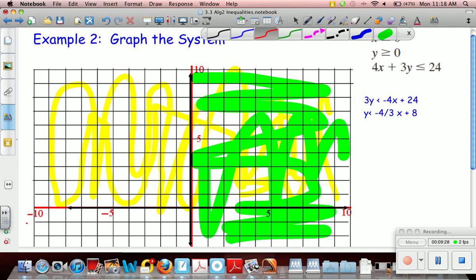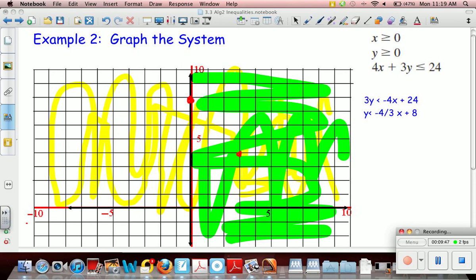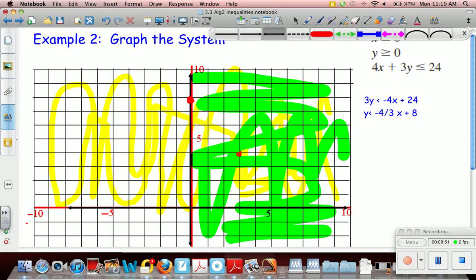The y-intercept is at 8, make a point, and my slope is down 4 to the right 3, and make another point. Now we notice this line is also going to be solid, and we just connect those 2 points with a solid line.